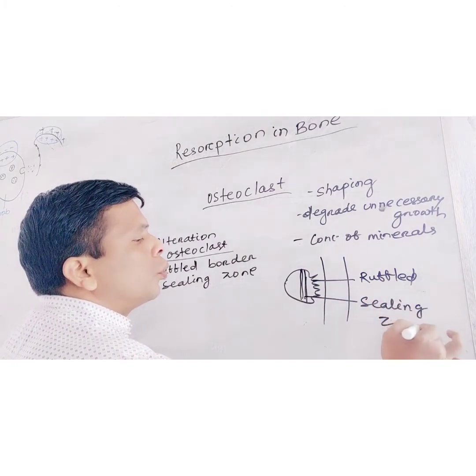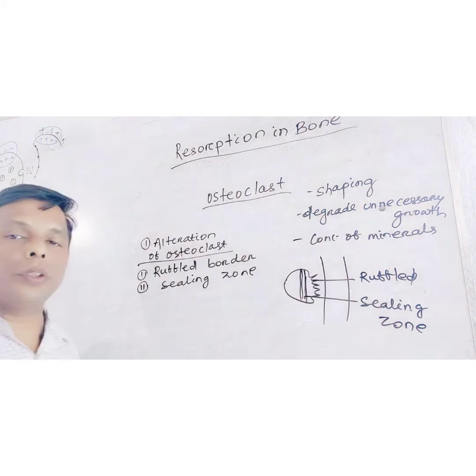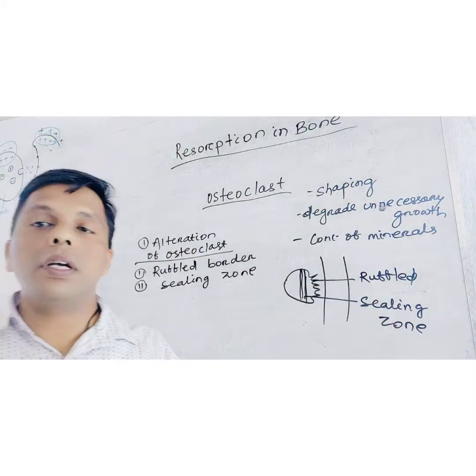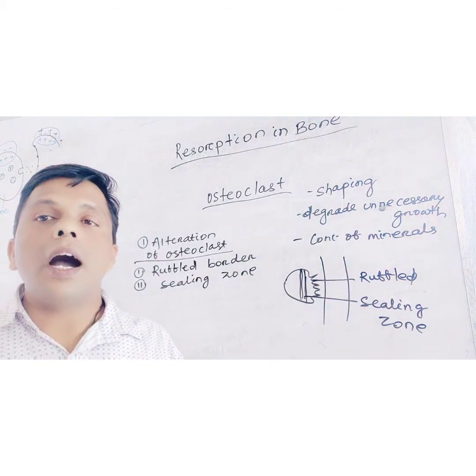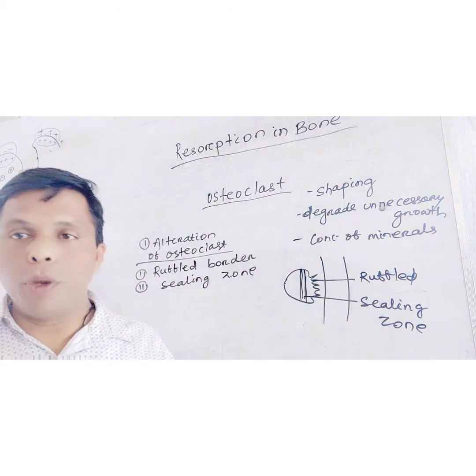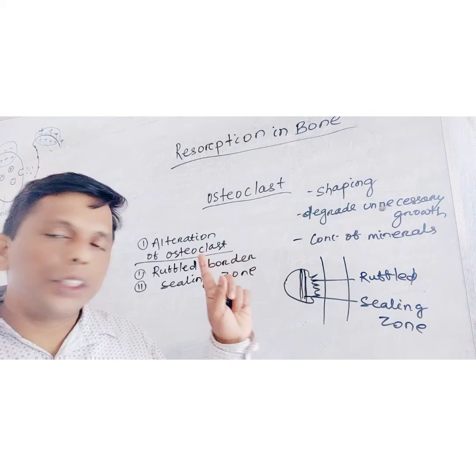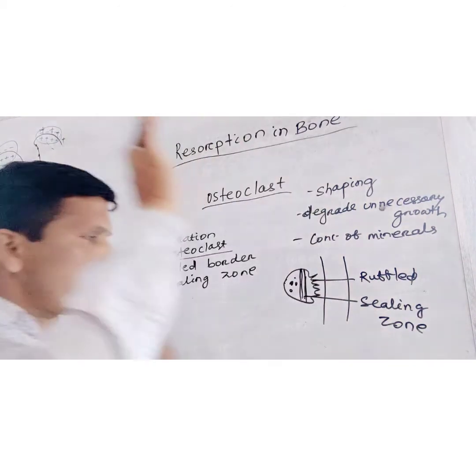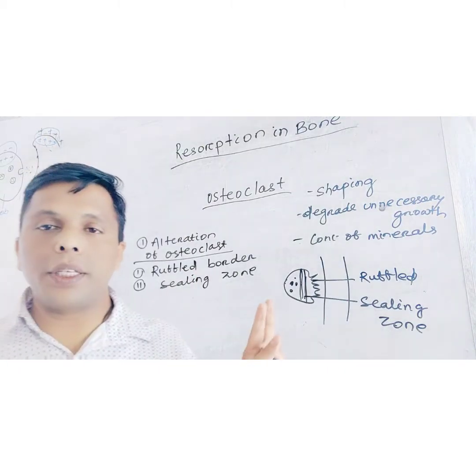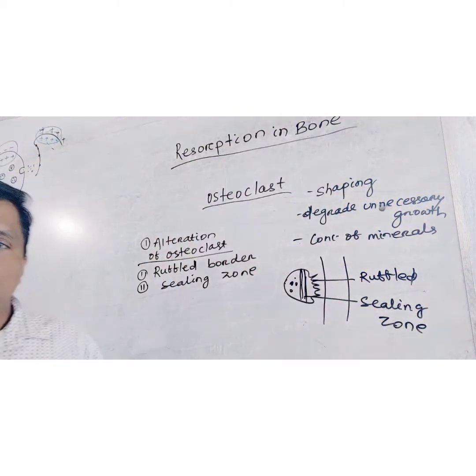This sealing zone is a clear zone. It does not have any cell organelles or other biomolecules of the cell, so it is a free zone. The nucleus is present next to this zone. This is the osteoclast modification. The first process is over.